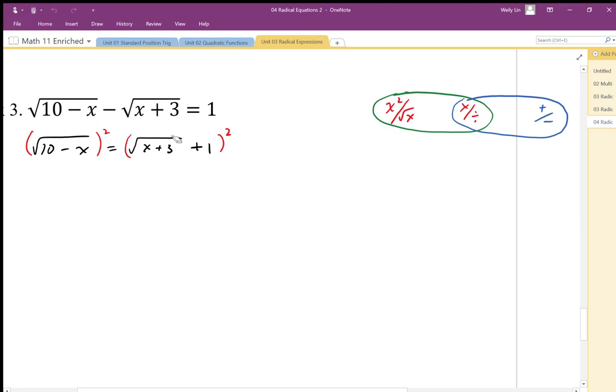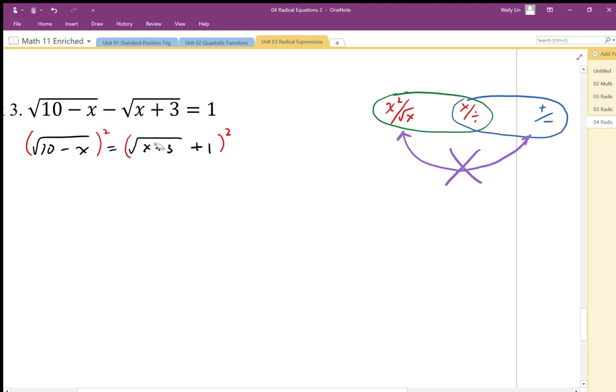So when I have a square here with a plus, I cannot just distribute that. When I had just squares and times and divide, that's possible. So it's important to understand that these are not compatible with each other. We have to be careful whenever we have squares with plus and minus, like we do in this case.